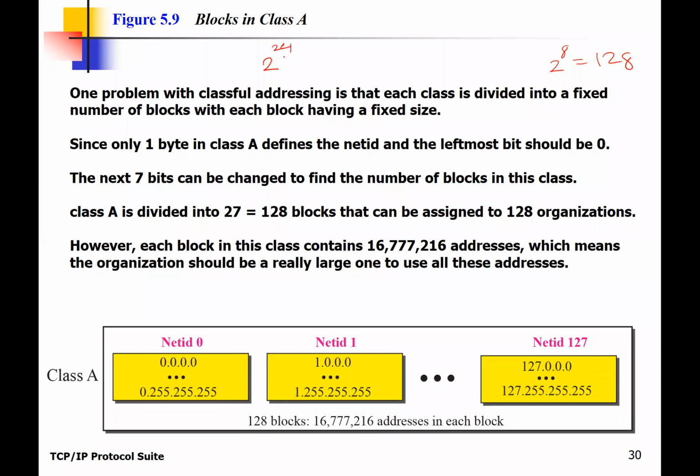All right. So in class A, I can have up to 128 networks. Is that correct? No, because, let's check, 2 to the power 8, how much?